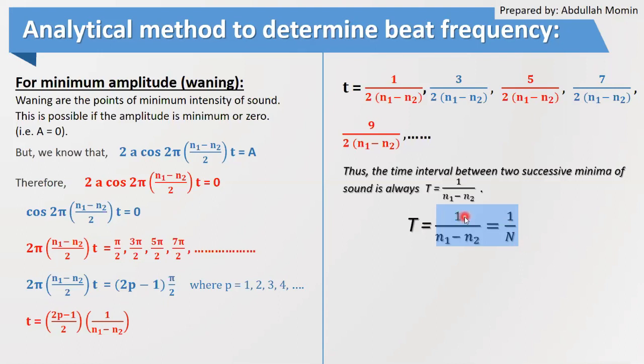On both sides of this equation, the numerator is the same, that is 1 and 1. So if the numerator is the same, the denominator should also be the same. So we will write n is equal to n1 minus n2. That is the frequency of maxima, and this is the frequency of minima. And if the frequency of maxima and minima is the same, that means the frequency of waxing and the frequency of waning is the same.